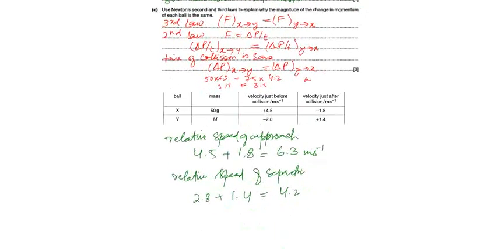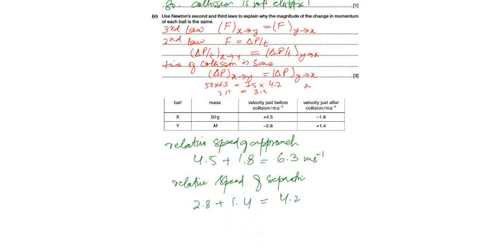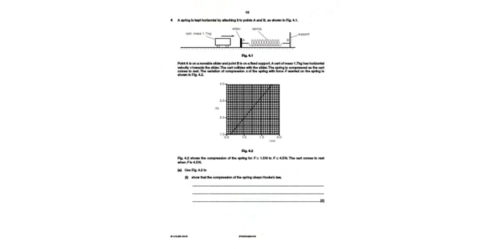So 315 is equal to 315. The left hand side equals the right hand side. So that means the magnitude of the change in momentum of each ball is the same. So this is the solution of this question.